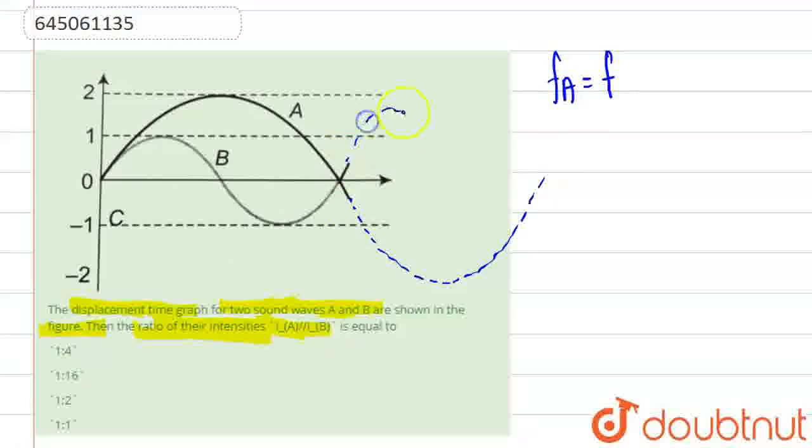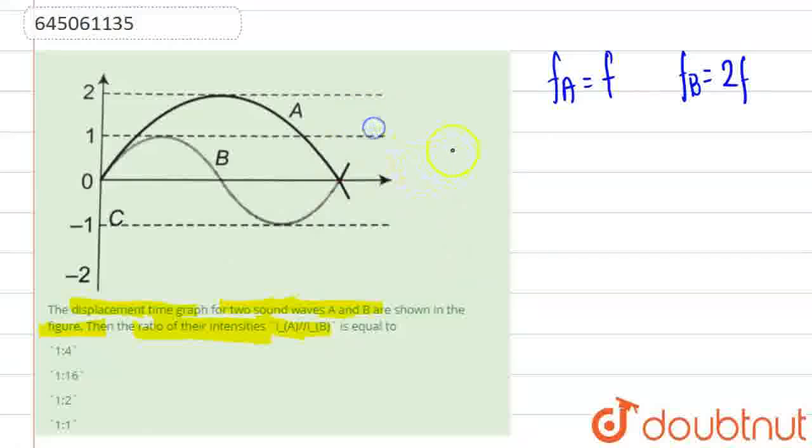When A completes one half of its motion, B completes one whole motion. So if A completes one whole motion with frequency F, then FB will be equal to 2F, because during one whole motion of A, B completes two motions, means two waves.